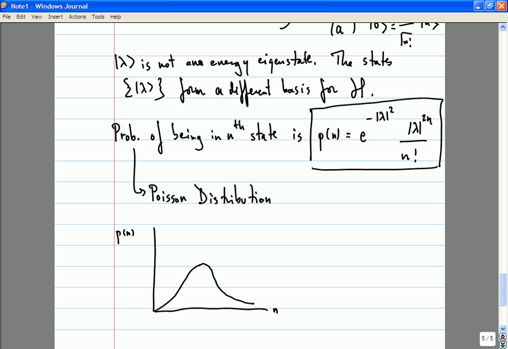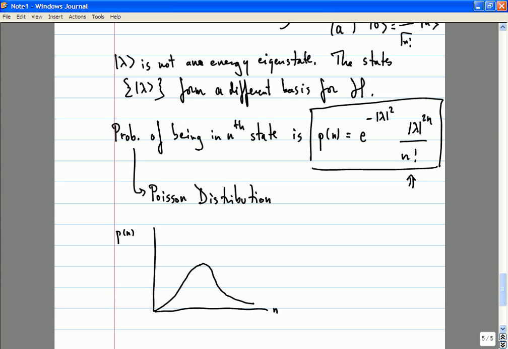And so if you just think about how this function lambda to the 2n over n factorial behaves, it's clear that at small values of n, it should increase because of the lambda to the 2n. But then for values of n that are of order lambda, the n factorial term will start making this factor decrease as a function of n.